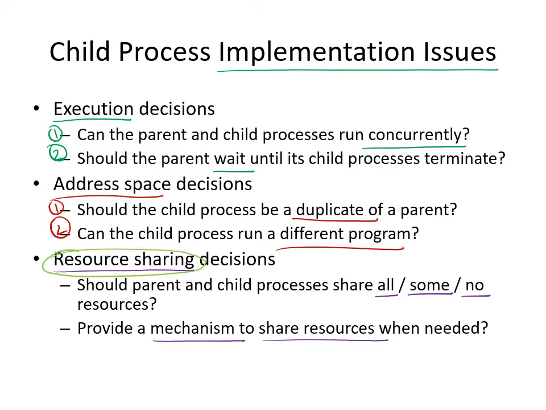Now there are pros and cons to both of these approaches. In fact, there are pros and cons to all of these decisions that we have among the three choices. So for instance, if the child processes are always restricted to using a subset of the parent's resources, then the advantage of doing that is no one process can overload the system by creating too many child processes.